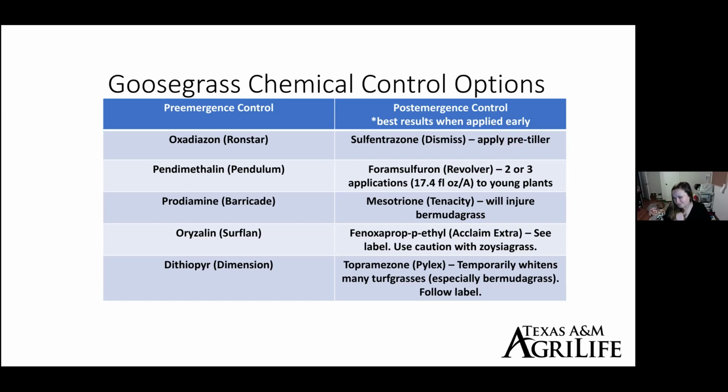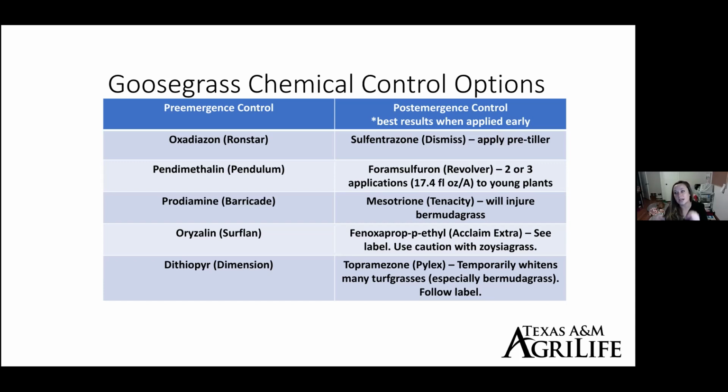The downside to a split application is that I'm only putting out half a rate at a time. This can potentially affect the efficacy of my program, because while I'm broadening that window of coverage, the rate is not quite as high. And so that's something I have to be concerned about. With some products, if I choose to make a sequential application, I would be able to apply the full rate at a certain interval so that I put out 2 full applications throughout the season to provide really robust coverage.